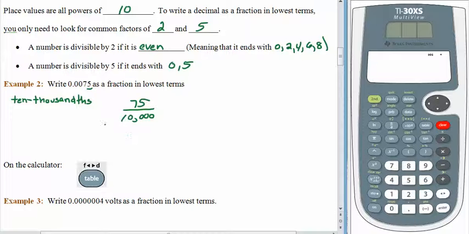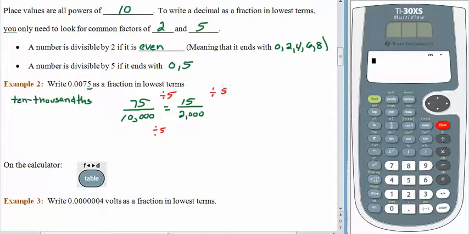All right, let's look for some common factors. We can see right away that both 75 and 10,000 are divisible by 5. So we're just going to divide both of those numbers by 5. 75 divided by 5 is 15. 10,000 divided by 5 is 2,000. Oh, we've got another common factor of 5 in there, so let's do this one more time.